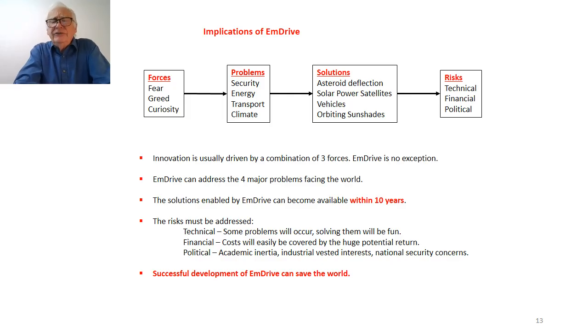A whole host of vehicles will help solve transportation problems, and we have orbiting sunshades to help the climate change, even though the solar power satellites will start to lower the climate change problem straight away. And what I have suggested in the last couple of slides is that these solutions can all become available within about 10 years.